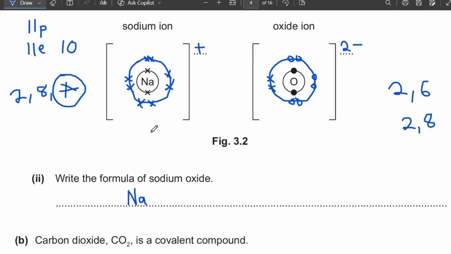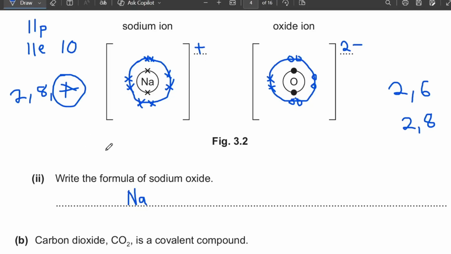But you should know that because oxygen requires 2 electrons, and one sodium atom can only give 1 electron, the oxygen is going to get the second electron from another sodium. So for this ionic bond to take place, we will need 2 sodium atoms, which will give 1 electron each to the oxygen to be complete.